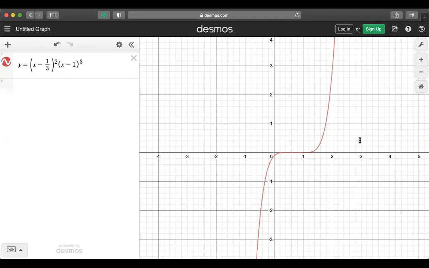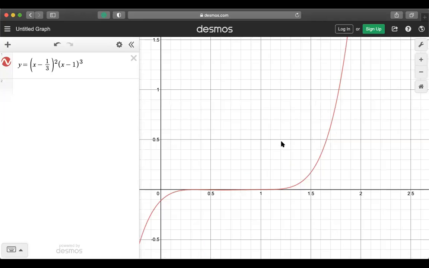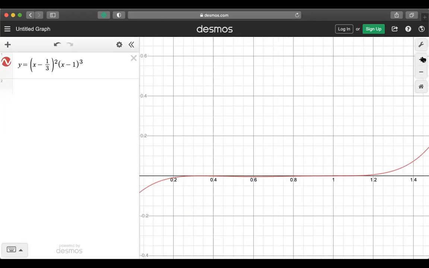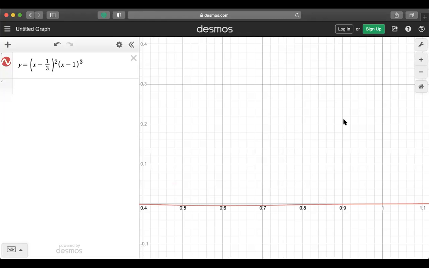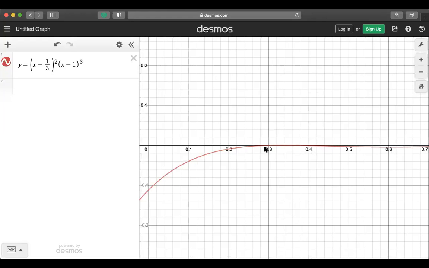cubed. Now, if we zoom in, right here, it looks like it's kind of flat, but it depends because all of this stuff is really close to 0. It might not be extremely flat. It's kind of hard to see, but if you look close, you see at 1/3, which is right about here, we're touching because we're going up.